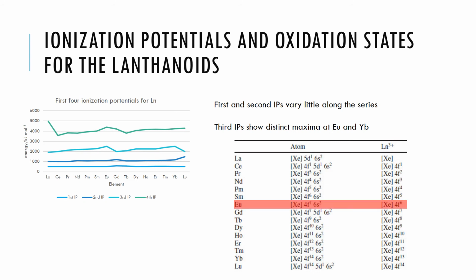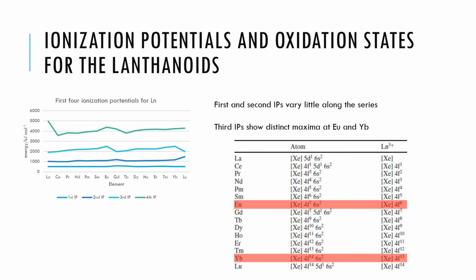Let's have a look at those in a little bit more detail. Europium has an electron configuration of 4f7 6s2, and ytterbium has an electron configuration of 4f14 and 6s2. We're looking at the third ionization potential here, so we're looking at how much energy is required to remove the third electron.